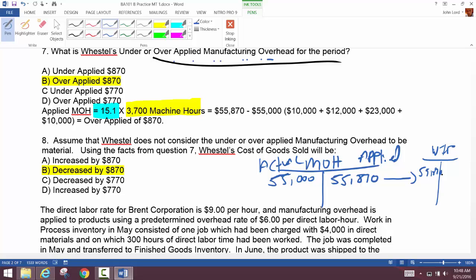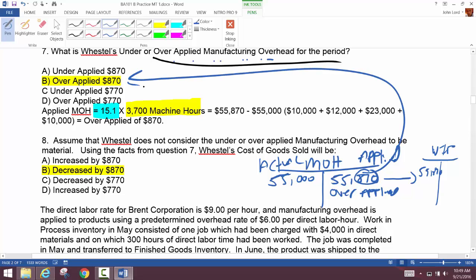I am over applied by what? 870? Okay. So I have an over applied amount because there's a credit balance in there of 870. That was the answer to that question, wasn't it? Okay.